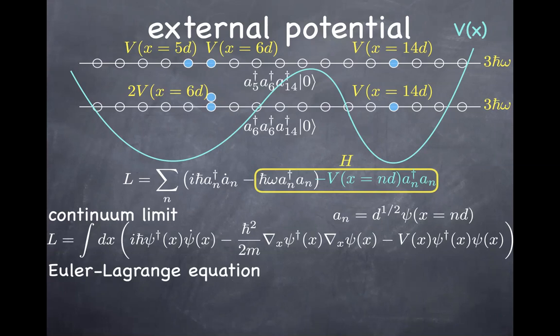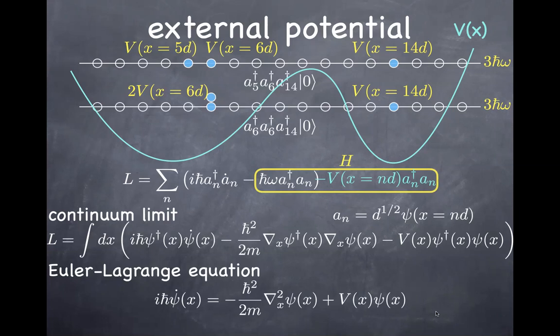Now, I advertised this discussion as motivated by the fact that an interacting theory may make a difference between the Schrödinger equation and the Euler-Lagrange equation for the field. At this stage, it still looks the same. If you take the variation of the Lagrangian with respect to psi dagger, you find this Euler-Lagrange equation.